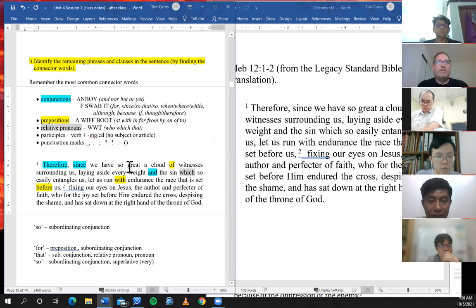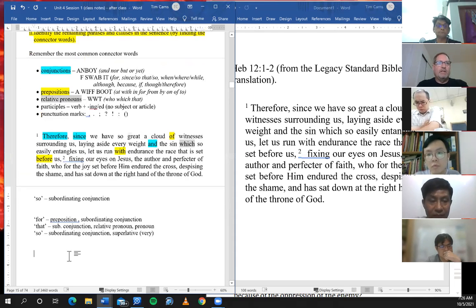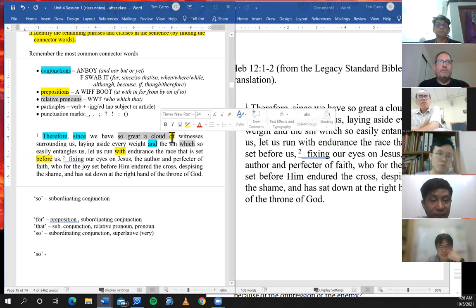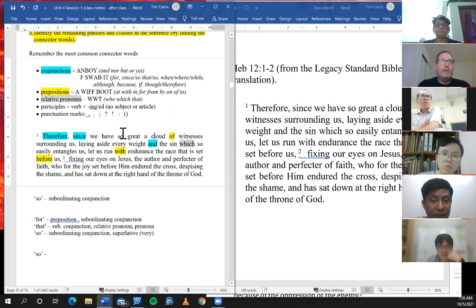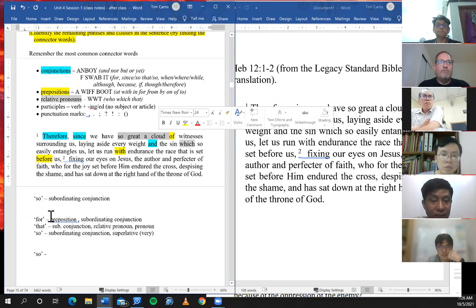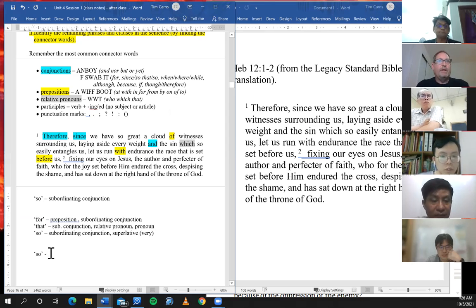Well, what we do is, let's look at the words that follow it. If we say, okay, so looks like a coordinating conjunction, what are the words that follow it? Again, notice the word of, so that starts the next phrase. So basically the words that follow it are great a cloud. So we have so great a cloud.